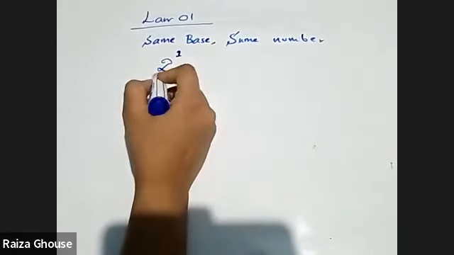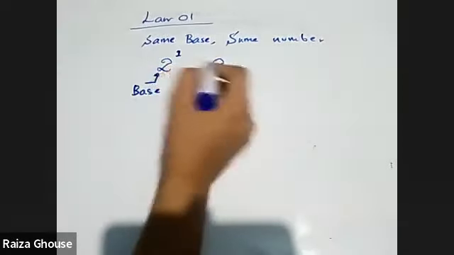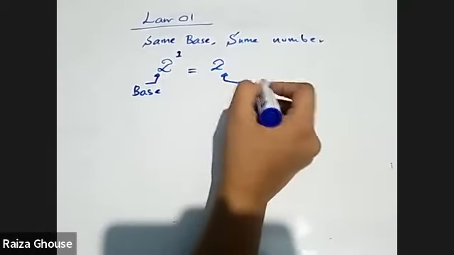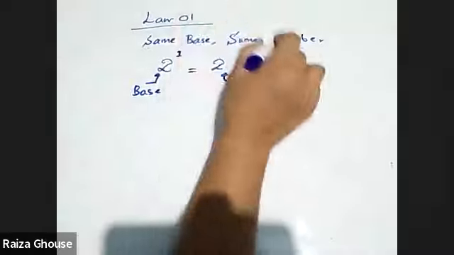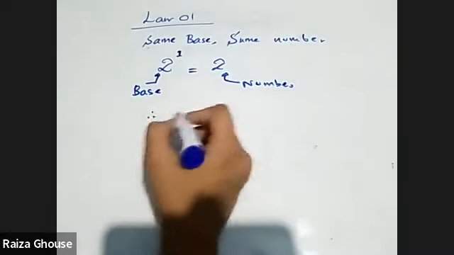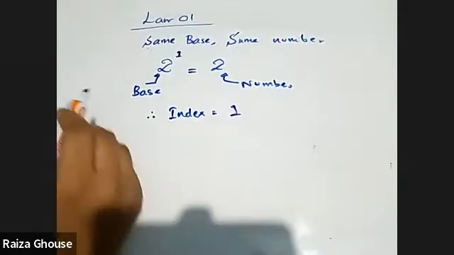The base is this one, the number is this one. If you get this way, always remember same base, same number. Therefore, the index is equal to 1. That is the concept here.